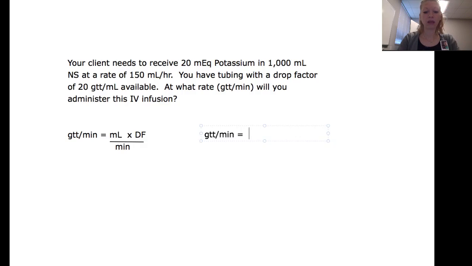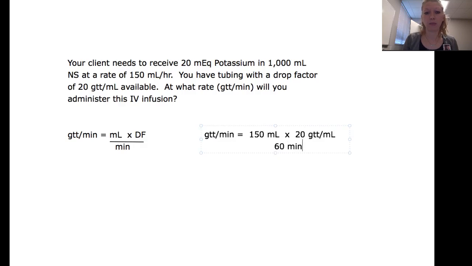So if I plug that in, I'm going to use a total milliliters of 150. Again, I'm just going to plug in my drop factor, which in this case is 20 drops per milliliter. And then my time in this case is going to be 1 hour. Now remember, it has to be in minutes, so 1 hour times 60 is equal to 60 minutes.